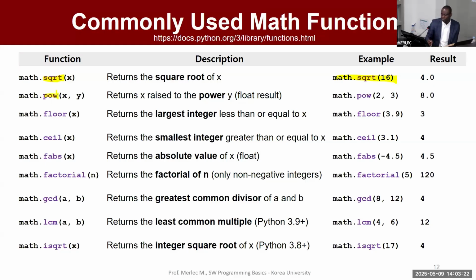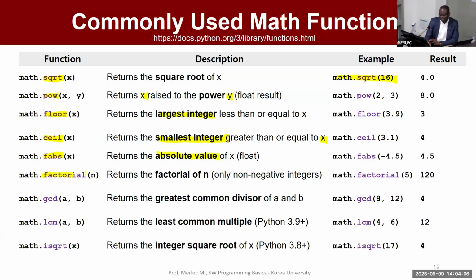You have pow, which returns x raised to the power of y; it needs at least 2 parameters. You have floor, which returns the largest integer less than or equal to x, given as a parameter. You have ceil, which returns the smallest integer greater than or equal to x. And then you have fabs, which returns the absolute value of x.